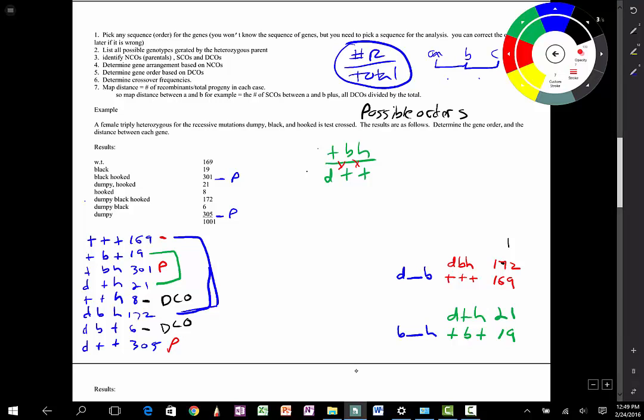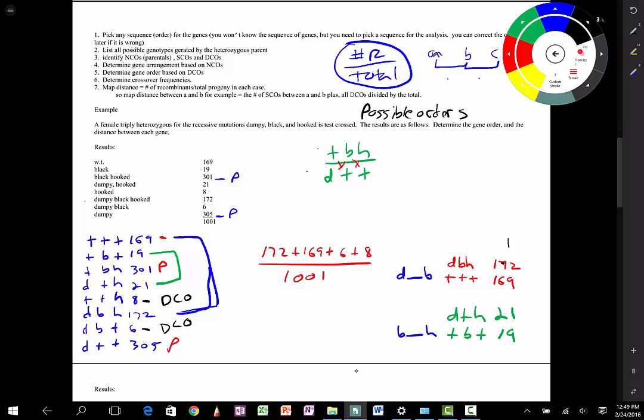So this distance is going to be 172 plus 169 plus the double crossovers, 6 and 8, over the total of 1001. Couldn't have made that 1,000 just to make life easy. So let's see. Get my handy dandy calculator out here. 172 plus 169 plus 14, because that's 6 plus 8, divided by 1001 equals, well, that can't be right.